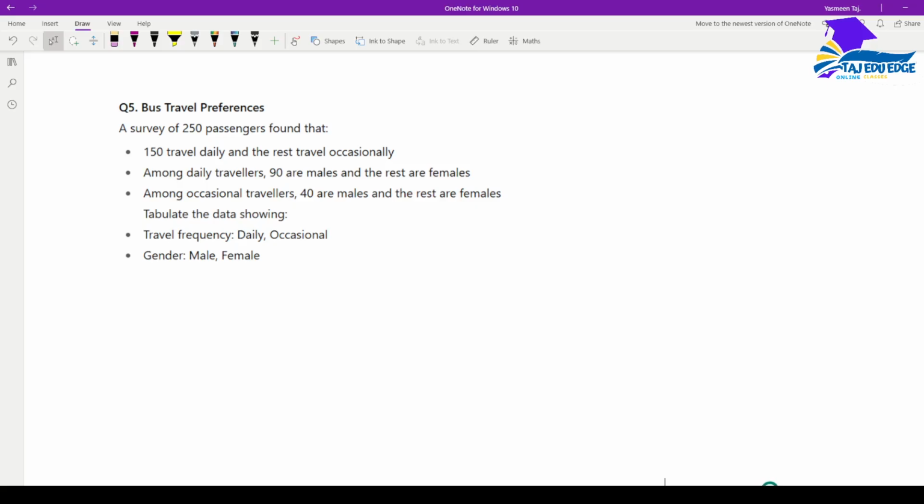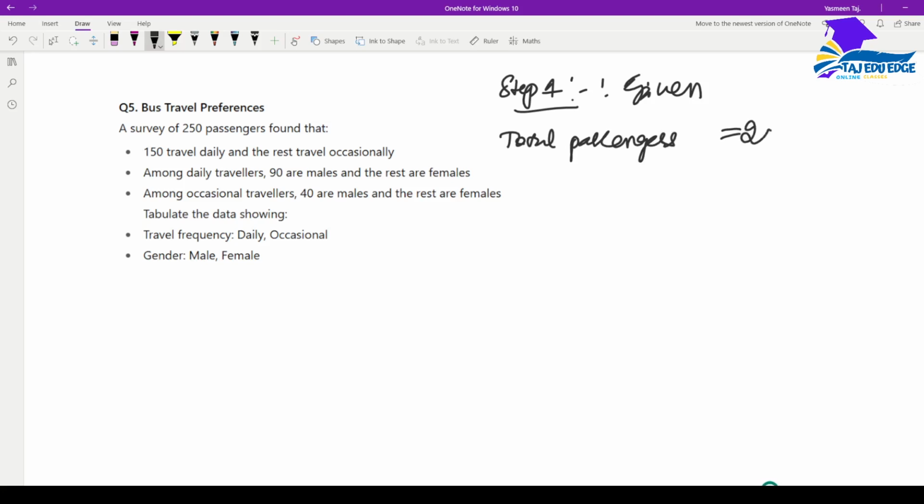So now let's solve this step by step. Step 1, given: total passengers are 250. Out of that, daily travelers are 150.